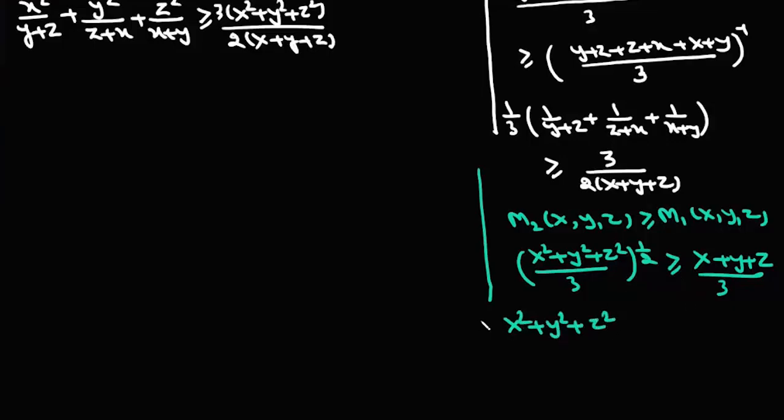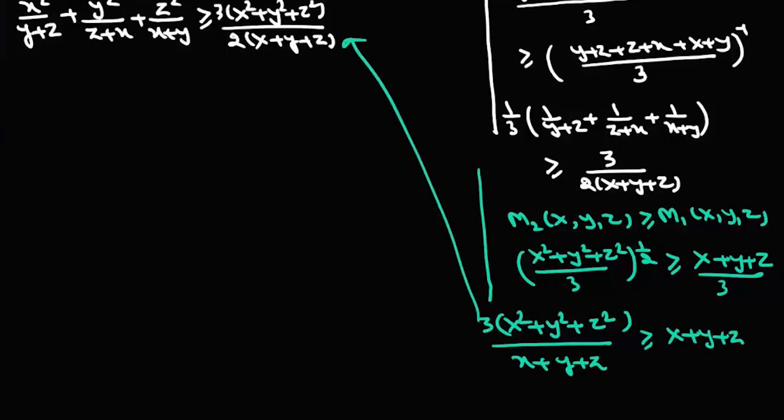Now 3 and 3 will cancel, so it will be this 3 upon (x + y + z) will be greater than or equal to (x + y + z). And if we substitute this result here, then we can write this is greater than or equal to (x + y + z) upon 2.